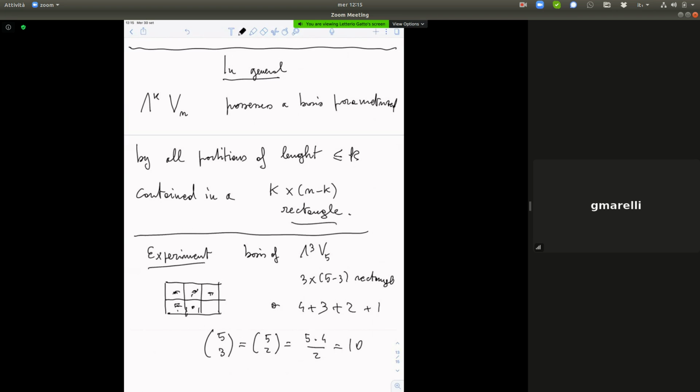This is very relevant because this permits you to transform algebra into combinatorics, in a game that even children can play, you know? So for us it will be relevant that exterior powers have a basis parameterized by partitions.